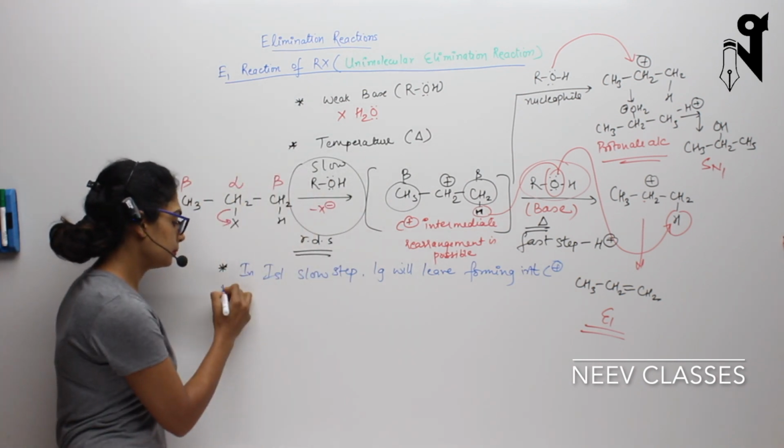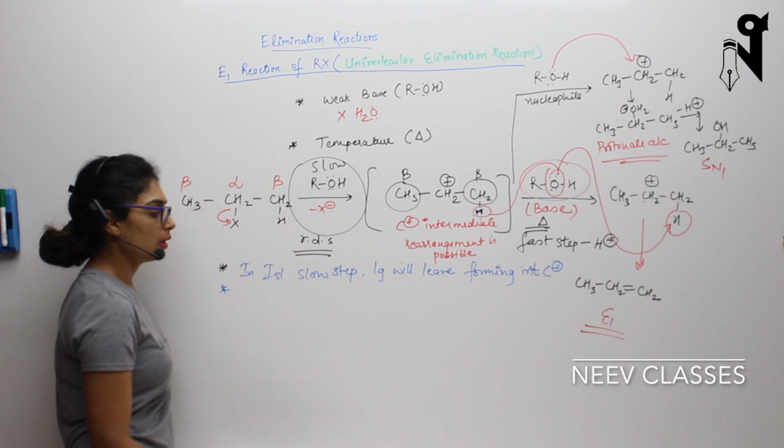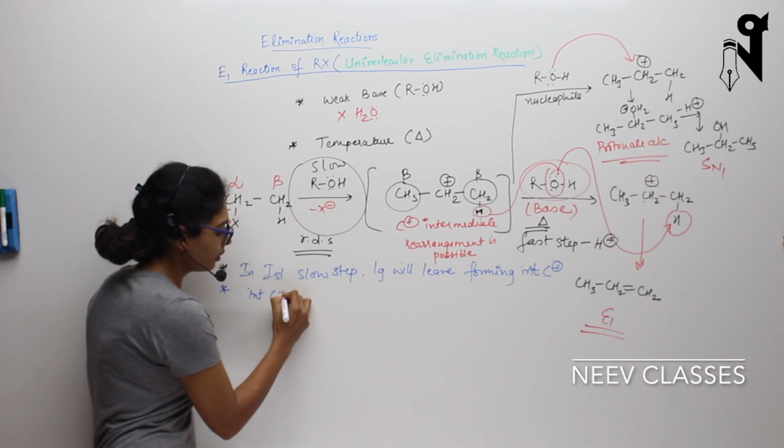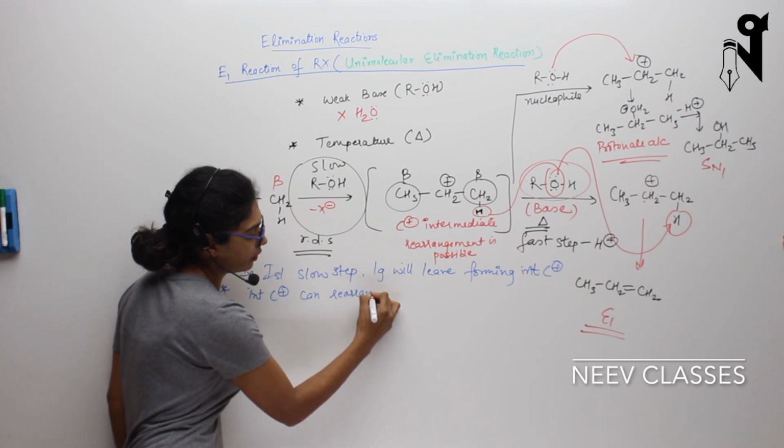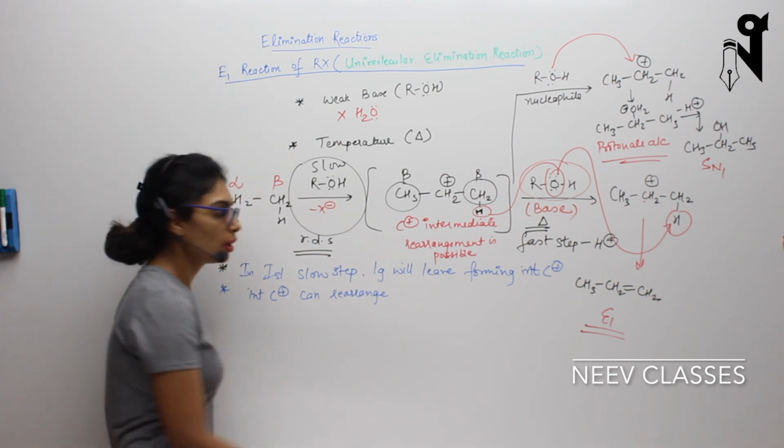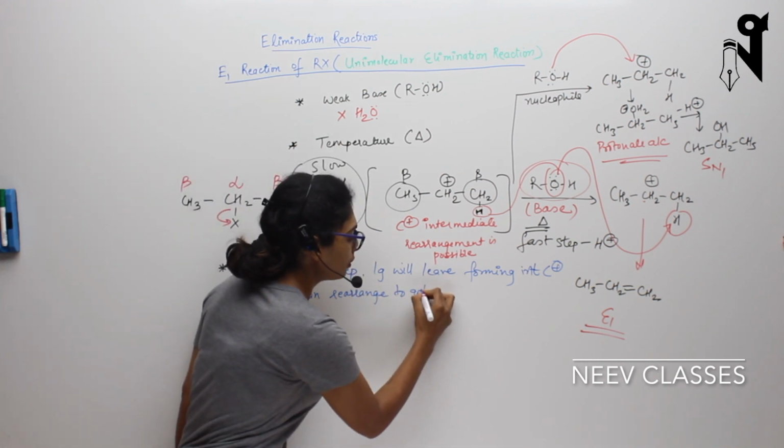Second point: the intermediate carbocation can rearrange to get better stability.